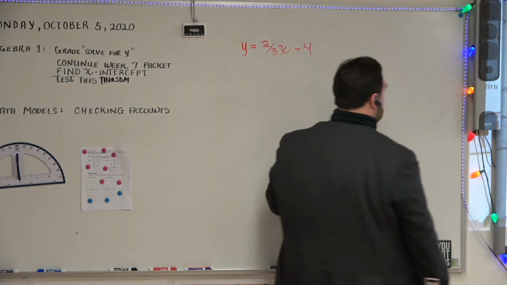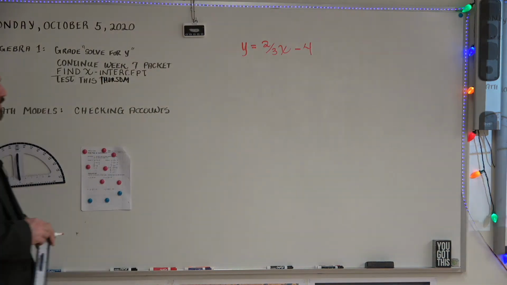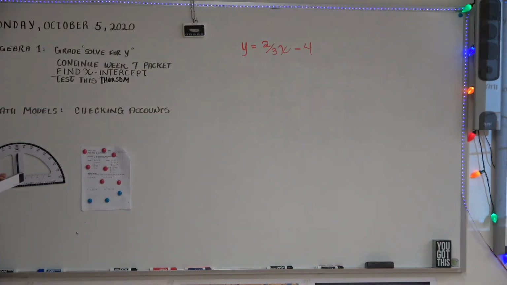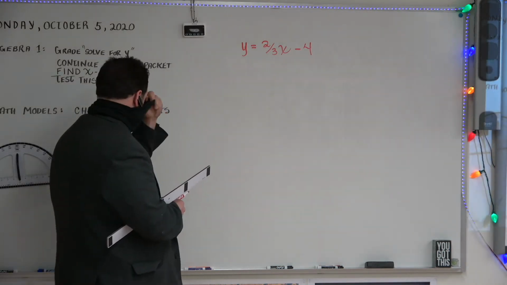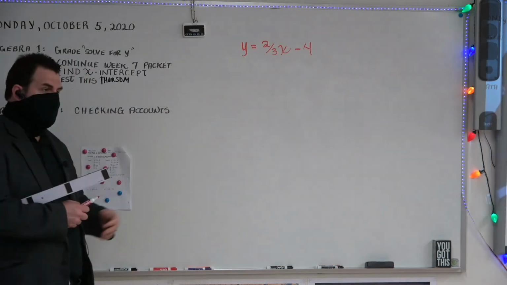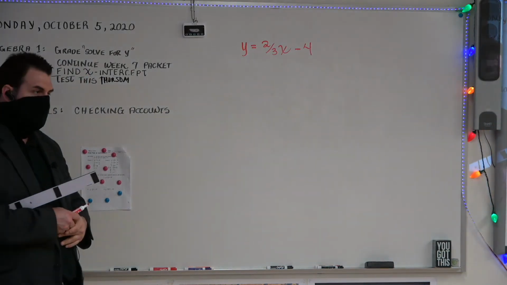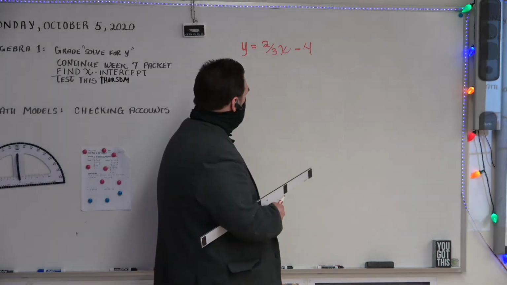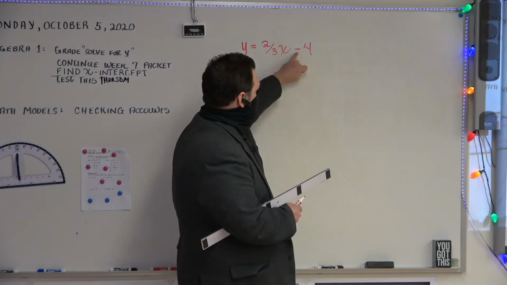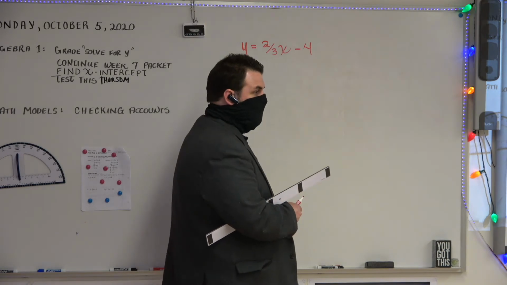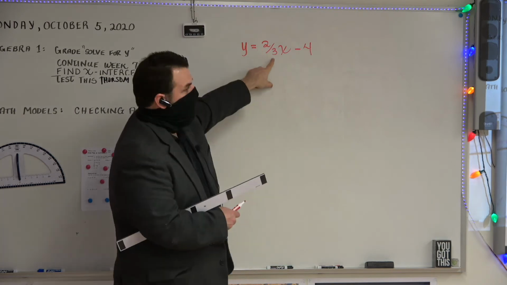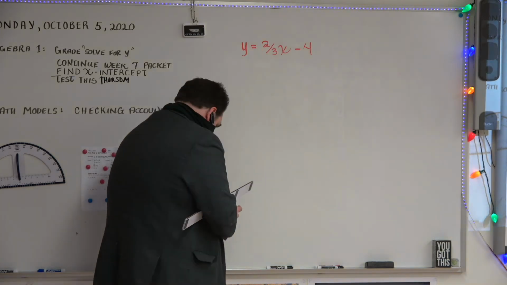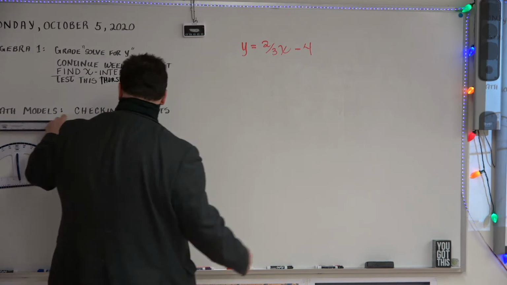Okay. Y equals 2/3 x minus 4. We're going to go through this together, okay? We're still working together. First of all, we can just read the y-intercept off of this equation. What is it? -4. What's the slope? 2/3. What's the rise? 2. What's the run? Okay.